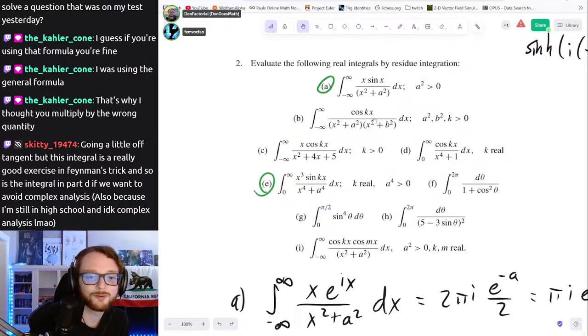What's Feynman's trick? That's like integration by differentiation. You insert a new variable and take the partial derivative with respect to that. You've definitely seen it somewhere. It's a famous trick, not usually taught in school, but people on the internet talk about it a lot.